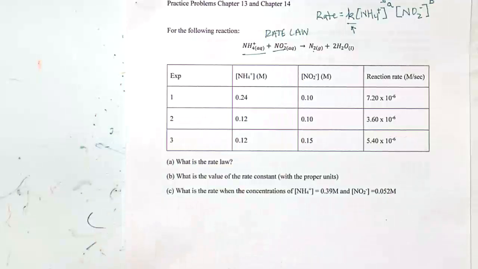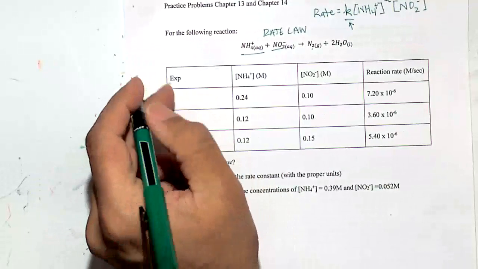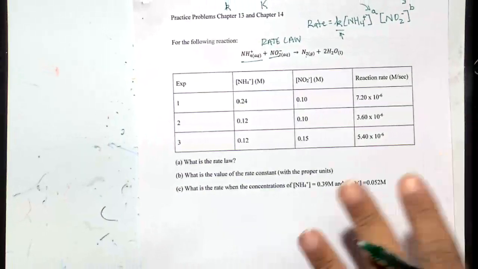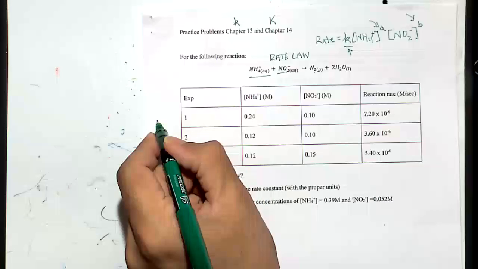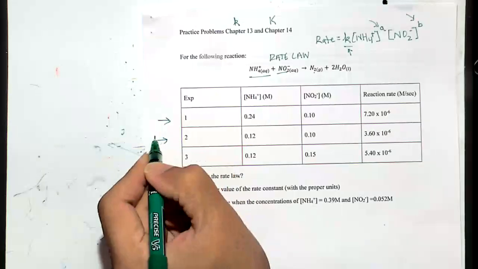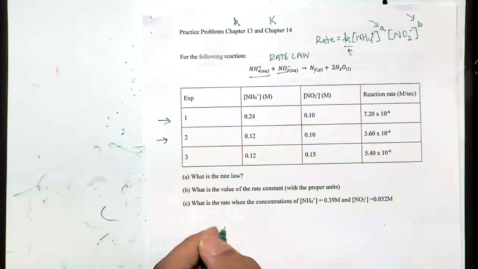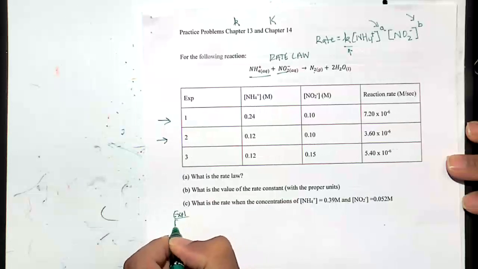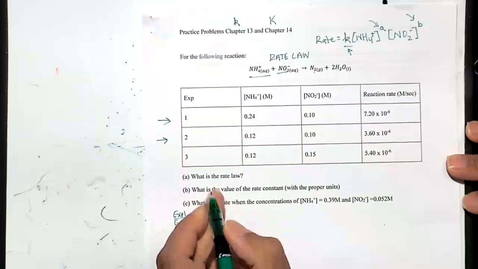So the first thing we want to do is compare. Just by my eye, I am seeing that we can compare experiment 1 and experiment 2. So let's compare experiment 1 to experiment 2.